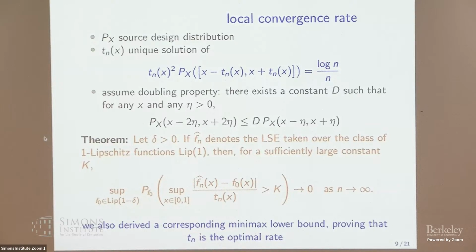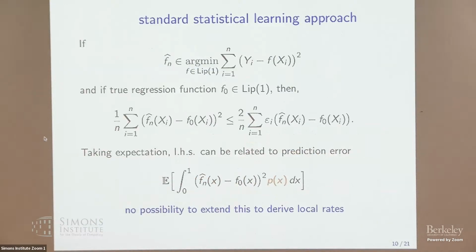So the standard proof. First, I want to convince you that the standard statistical learning approach won't work here. What do you typically do is, you say, okay, I have this empirical risk minimizer, and suppose my true function is also in this function class, then the first step is typically to derive what is called the basic inequality.